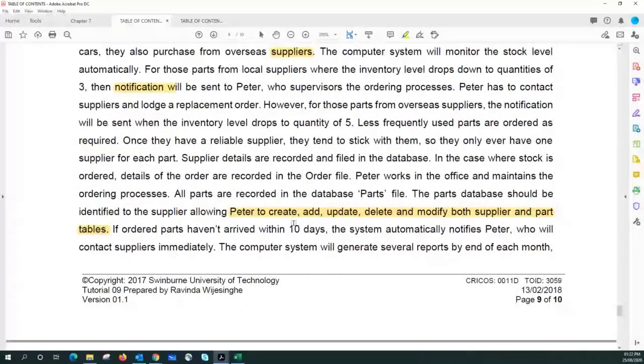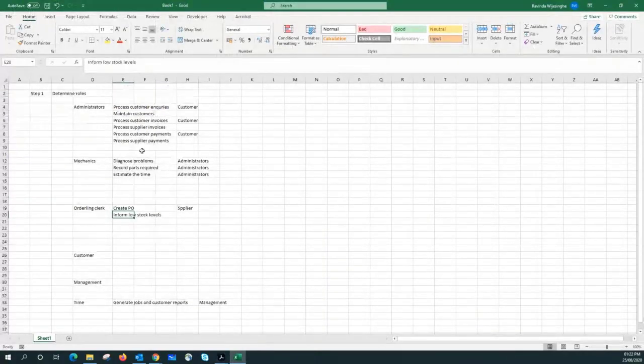Okay. So Peter is creating, adding, updating, deleting, and modifying the suppliers, right? So the maintenance of the suppliers is handled by Peter as well. So like maintaining the customers, we need to have another use case to maintain suppliers. Okay.